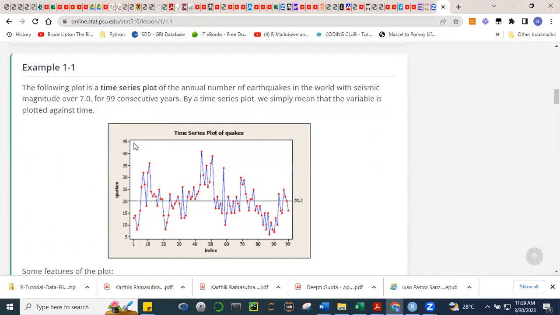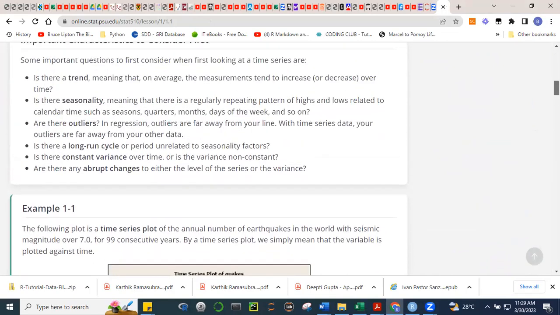So as I was saying, this is an example of a time series plot. And when you model time series, you have to consider these things. May trend ba yung data? Is there a trend? Is there a seasonality? Are there outliers? Is there a long run cycle, which is more difficult to show or to identify as compared to short run cycles or seasonalities? This is more difficult to model.